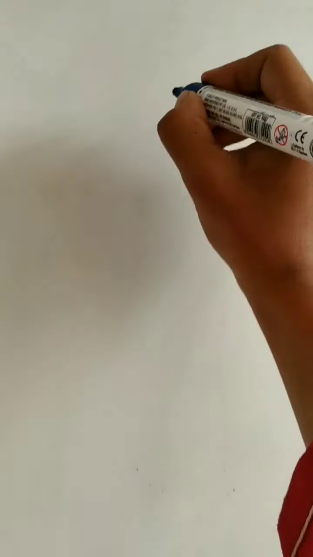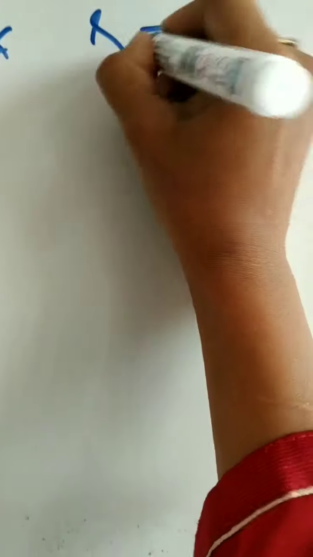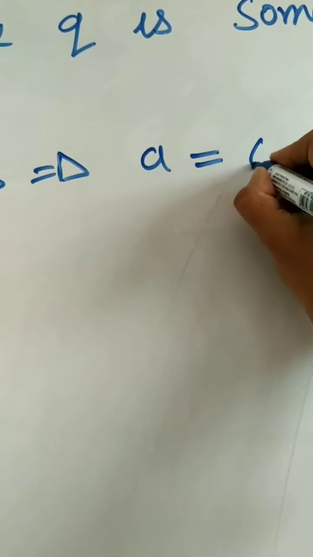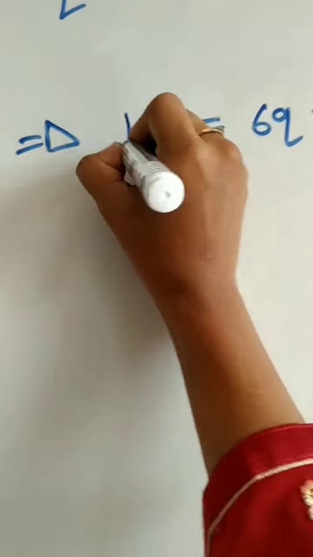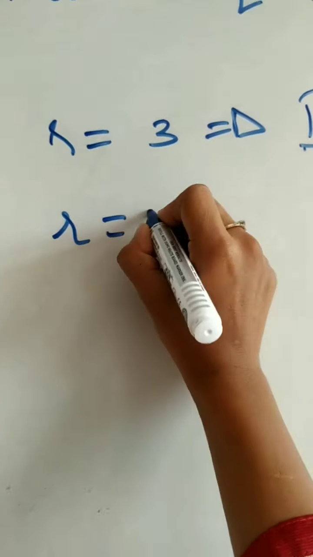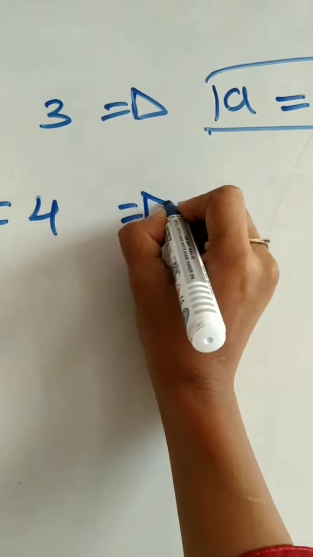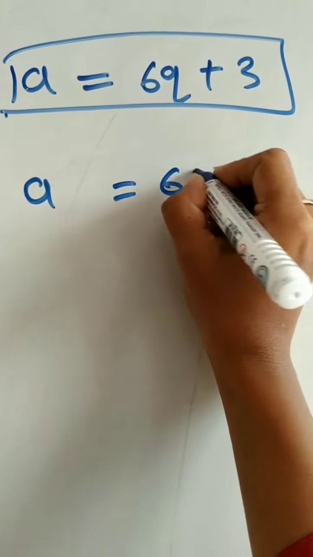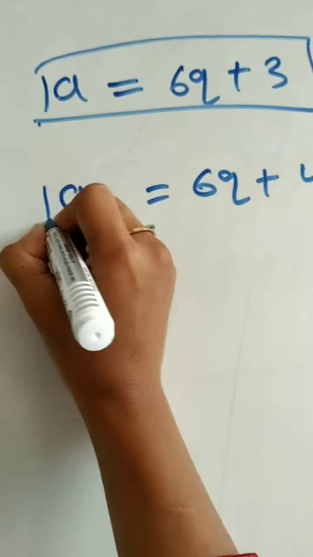Now here we will take r equals 3. So our condition we get is a equals 6q plus 3. And here, when we take r equals 4, a equals 6q plus 4.